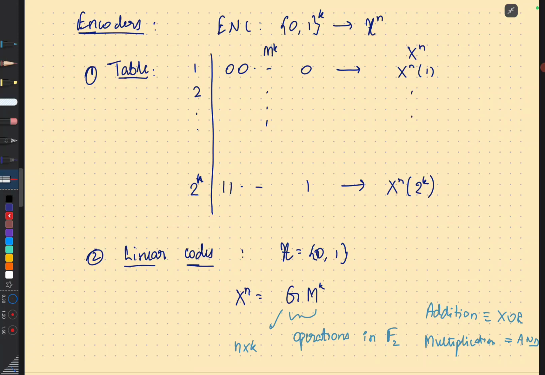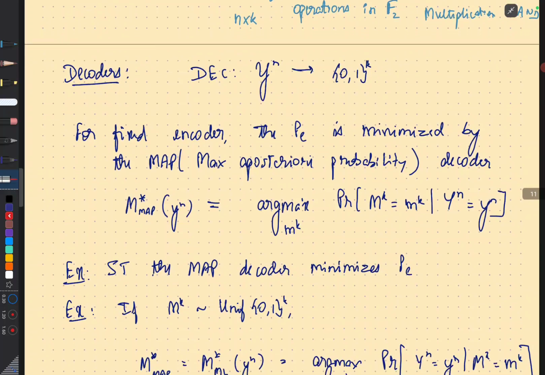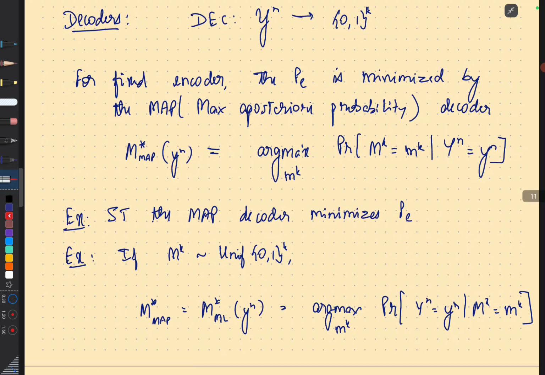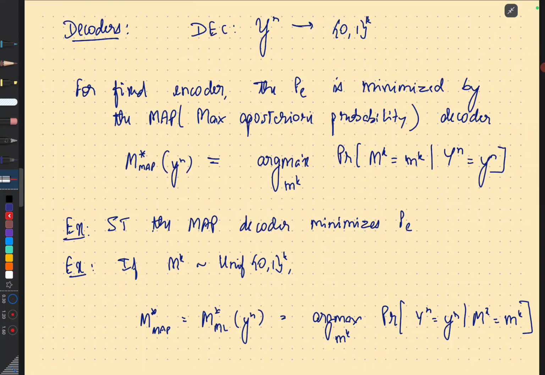It is computationally complex, but let's not worry about it at this point. And the decoder is basically some map that takes the received sequence and outputs an estimate of the source message. We know that among all possible decoders, the MAP decoder achieves the minimum probability of error. And if the message is uniform, then the MAP decoder is the same as the ML decoder.